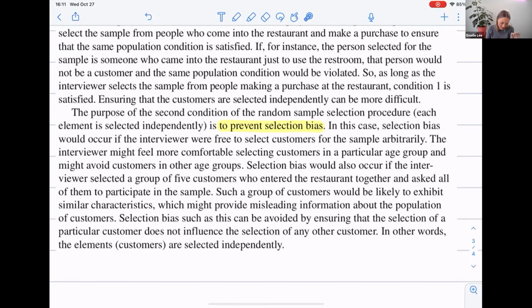If they selected a group of 5 customers who entered the restaurant together, then they would likely see similar characteristics, which might provide misleading information about the population of customers, right? So these are all things that we need to keep an eye out for.